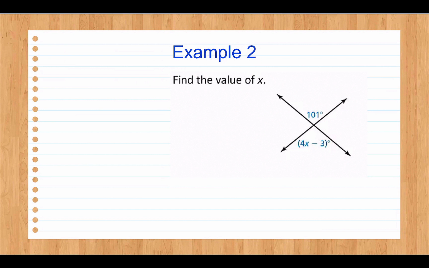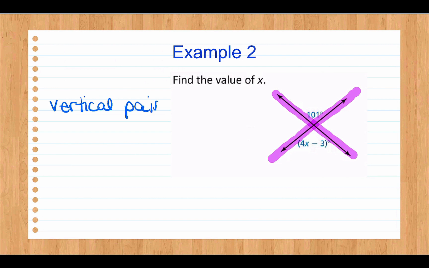Example 2, find the value of x. So I see here that I have one line and a second intersecting line. So I have vertical pairs. And I know that the angles in vertical pairs are congruent, so their measures are equal.